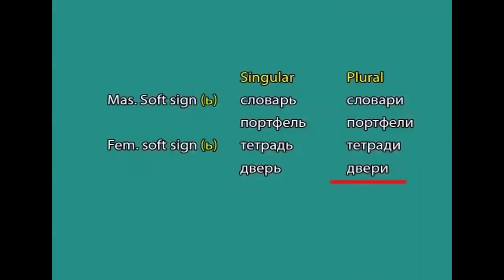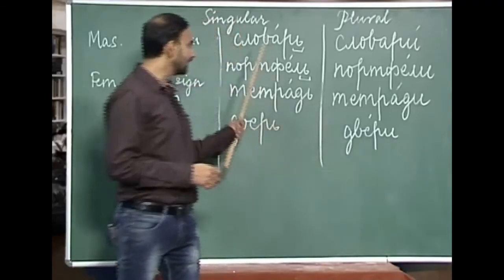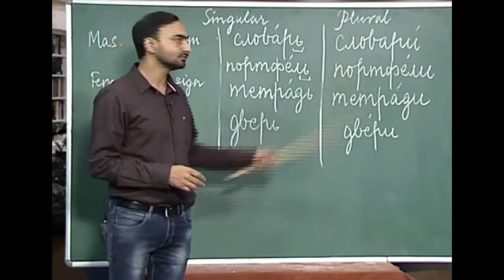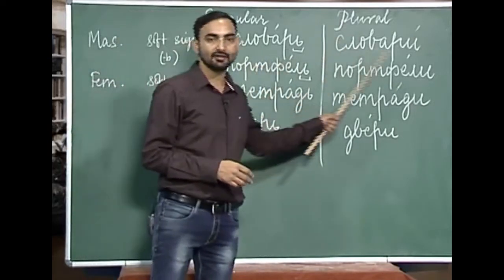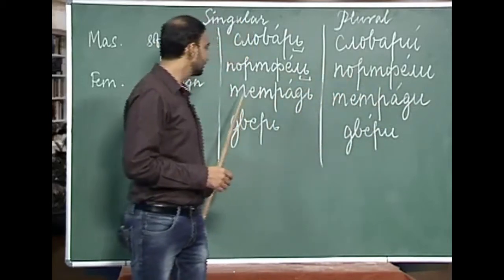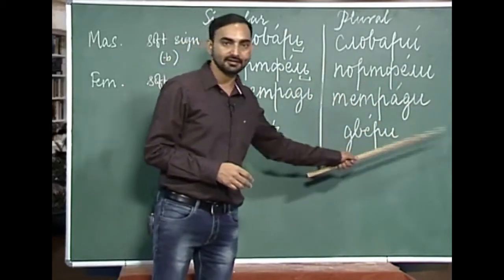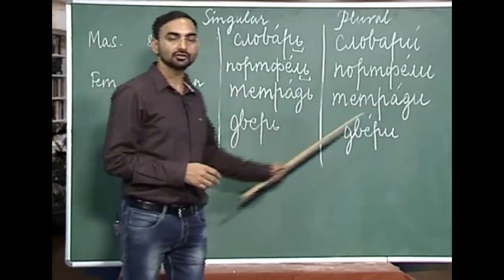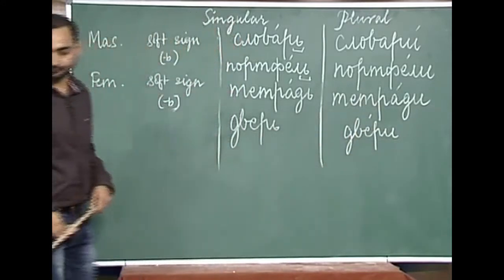And what is the plural of Duer? Dueri, which is doors. So, let us revise them once again. Slavar, slavari, portfiel, portfieli, Chitraj, chitraji, Duer, dueri.